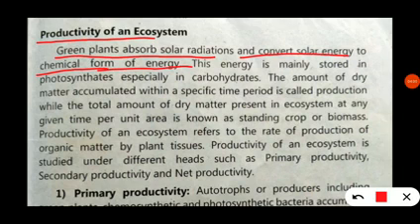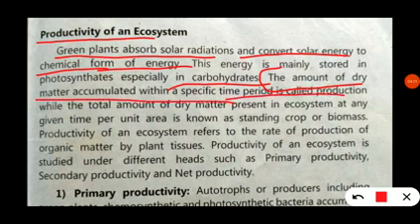This energy is stored through photosynthesis, especially in the form of carbohydrate. This carbohydrate is nothing but dry matter. The dry matter accumulated within a specific time period is called production.